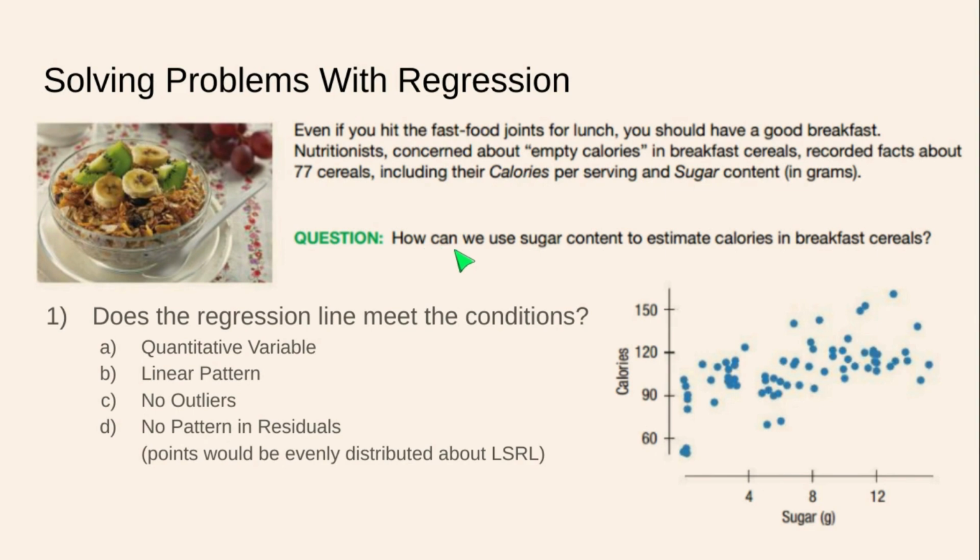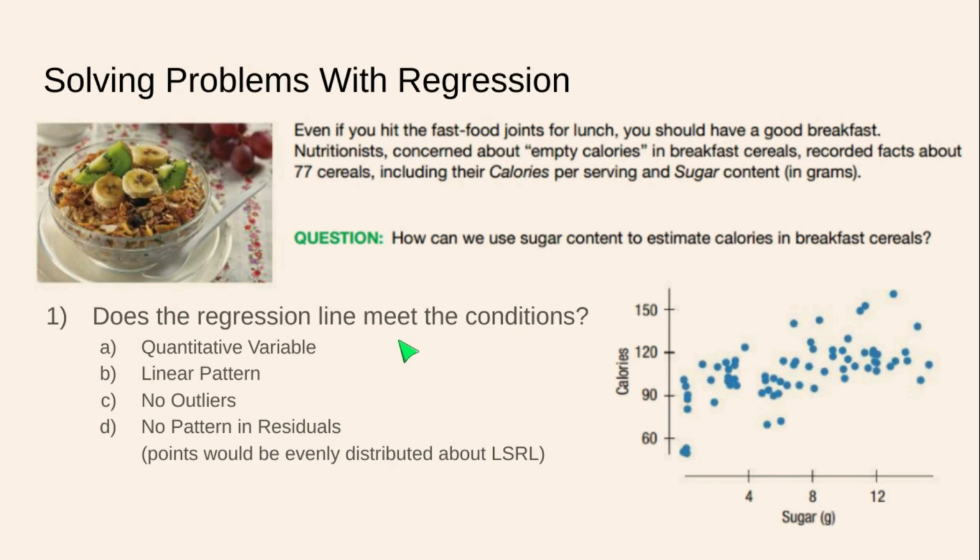Question: how can we use sugar content to estimate calories in breakfast cereals? Well, this is a many-part process because we are given a pretty broad question. How can we use the sugar content to estimate calories? Is there a relationship that would allow us to input sugar content and estimate calories?